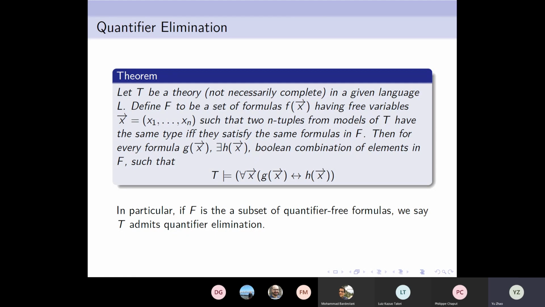So H(x) is a quantifier-free formula, and G(x) is equivalent to H(x), which means G(x) is equivalent to a quantifier-free formula. That's why we say the theory T admits quantifier elimination.